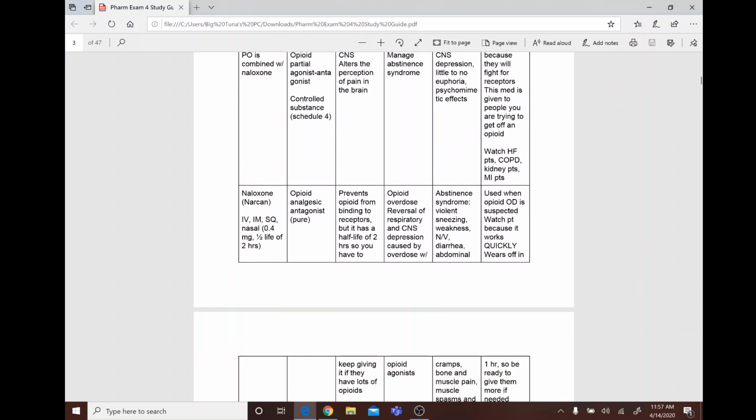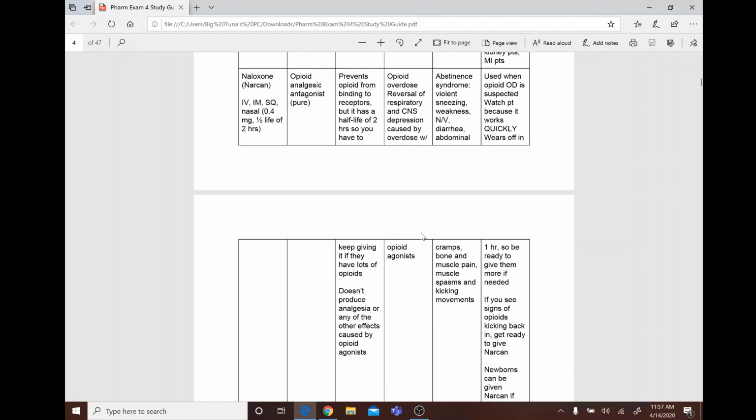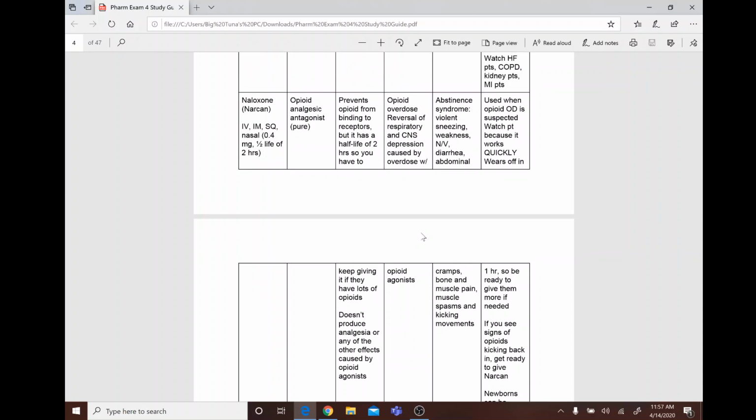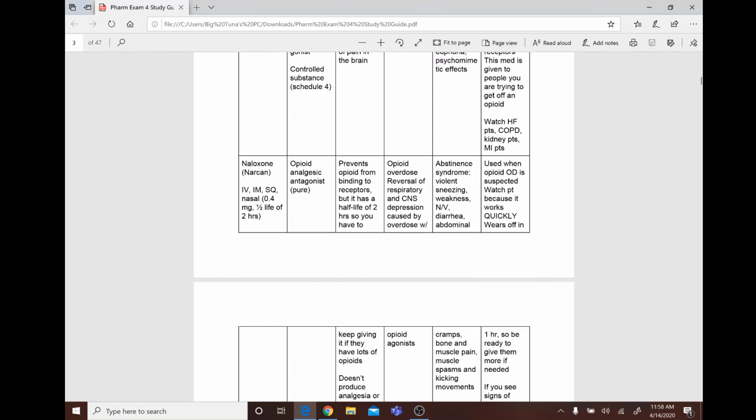All right, how do we give naloxone or Narcan? IV, IM, sub-Q, nasally, 0.4 milligrams, half-life of 2 hours. What is the therapeutic class of naloxone? Opioid analgesic. What is the pharmacologic class of naloxone? Opioid antagonist pure.